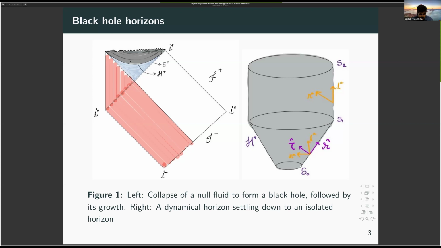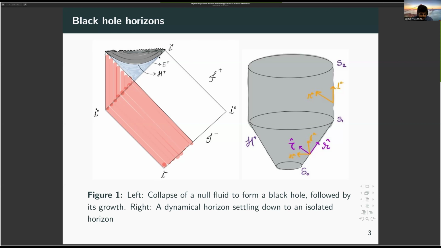Once that happens, of course, it's inevitable that a black hole should form. After a finite amount of time, suppose the collapse ceases and the spacetime becomes stationary or static. What we would expect is that the spacetime would have an event horizon, which is described as the boundary of the causal past of future null infinity, which is exactly this line.